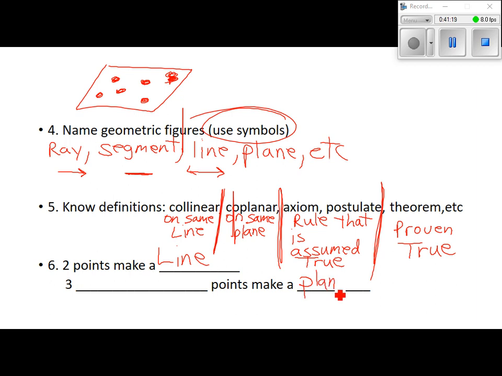Plane. What kind of points do they have to be? Non-collinear. What's that mean? Not on the same line. It's got to be 3 points that are not on the same line. And that goes back to when we're naming it, it's got to be 3 points that aren't all on one line.